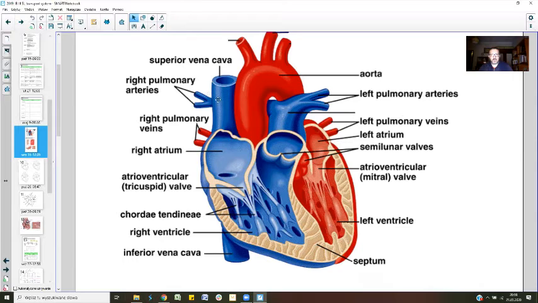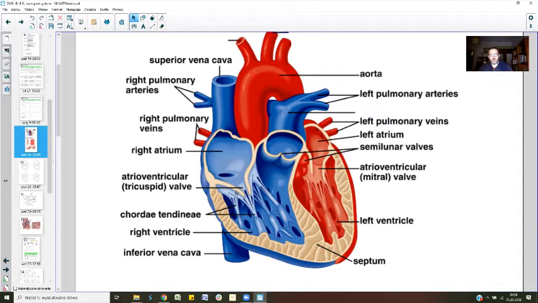Blood flows to the heart from the right side through the superior and inferior vena cava to the right atrium, then flows through the atrioventricular or tricuspid valve into the right ventricle.